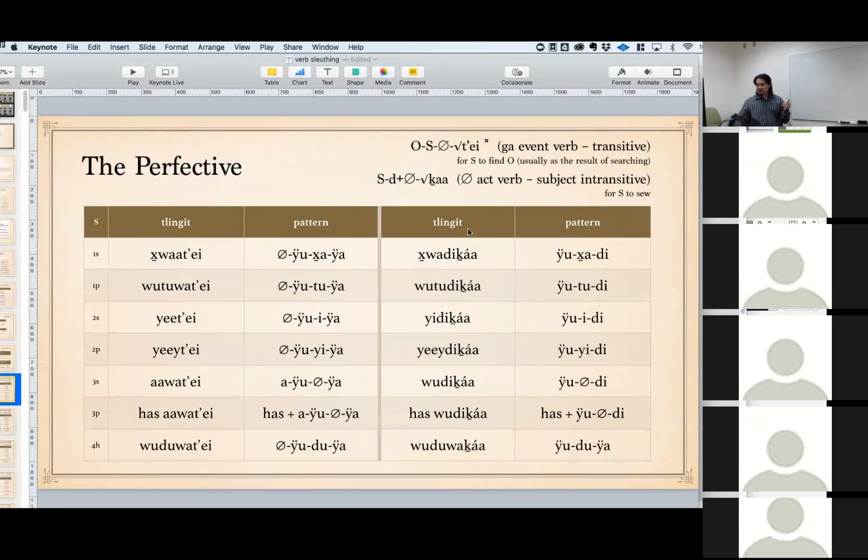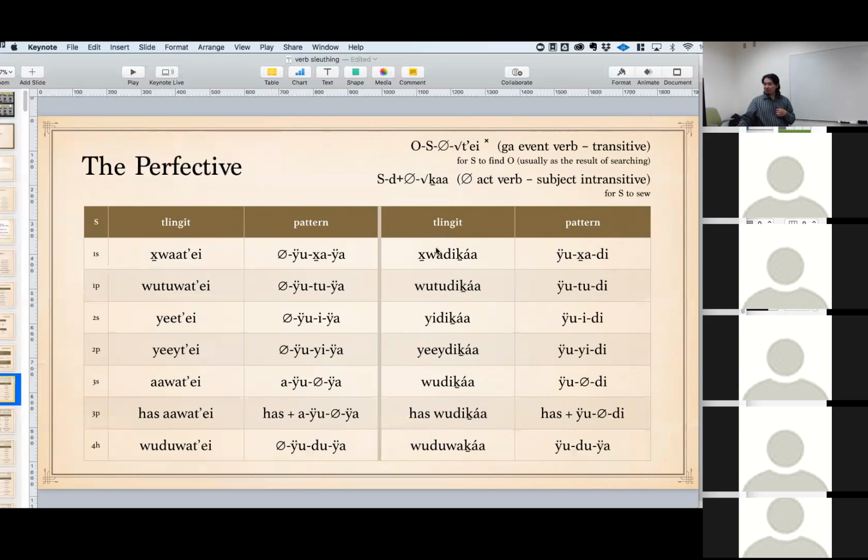So we'll say chwade, watude, yide, yide, would, has, would, wadua. If that were an S classifier, chwase, watuse, yise, yise, wuse, haswuse, and wududze.